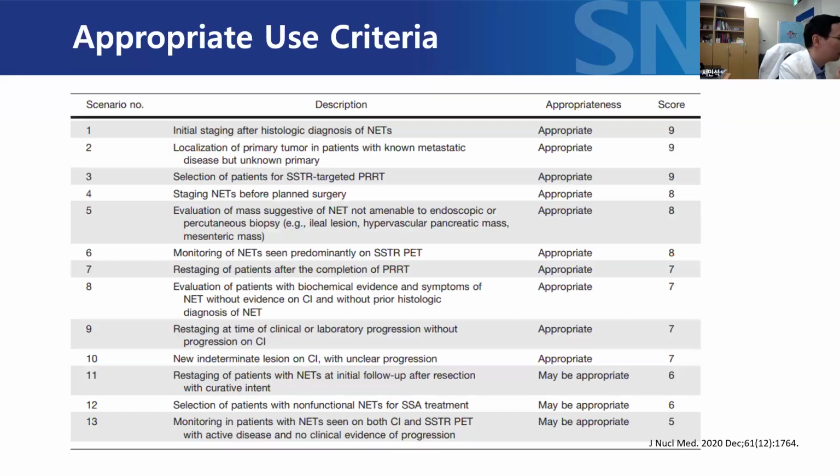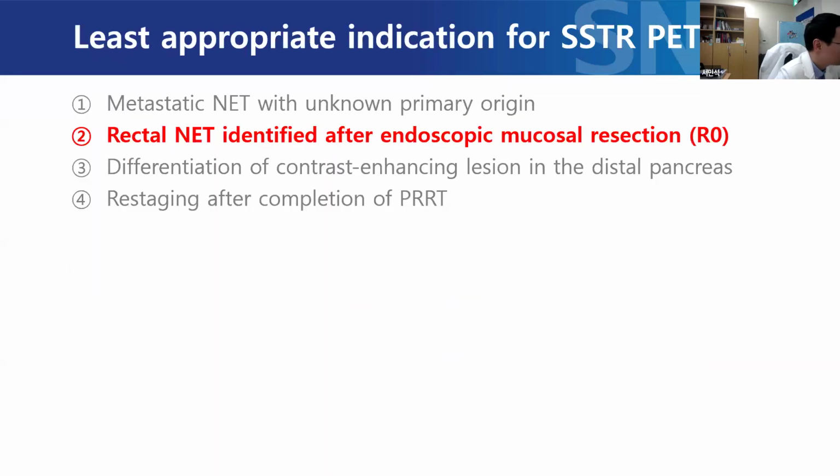Now, wrapping up with the appropriate use criteria for the SSTR PET, this likely lists scenarios and whether somatostatin receptor PET is recommended or not. And it may tie back to the earlier question on the least appropriate indication for the SSTR PET.